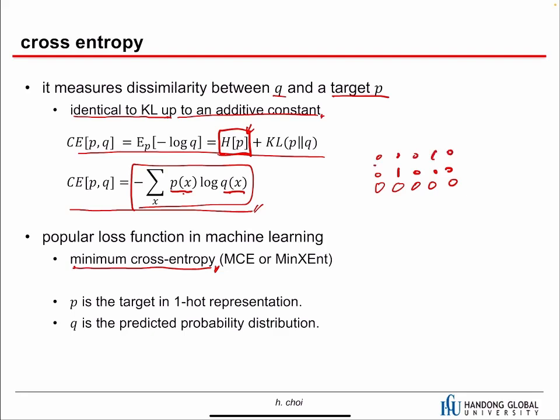So this one is actually a distribution. This one is also another distribution, but we call it a one-hot representation. But still, a one-hot representation is also a distribution, and Q is the predicted probability distribution. So we want to minimize the KL divergence between these two, or we just minimize the cross entropy between P and Q.